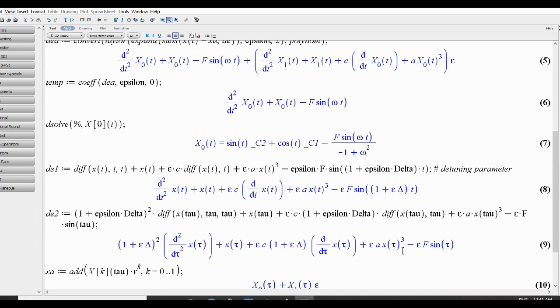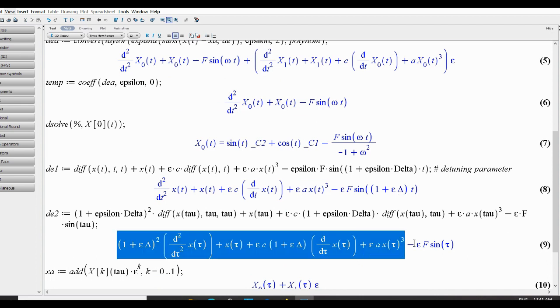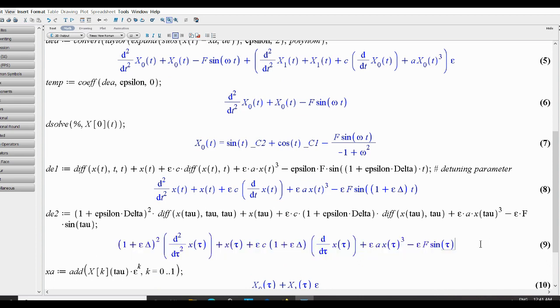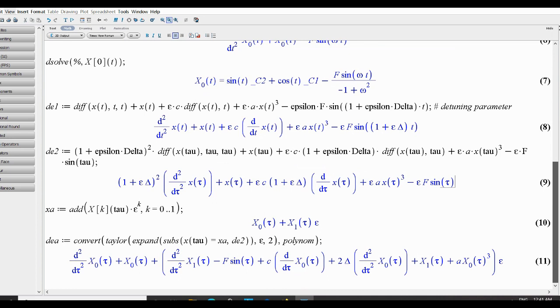Then I have stretched my time so that I have this equation here, but I am still looking for a periodic solution. In that periodic solution, over here, all I have is a sine tau plus b cosine tau. That's what I have. But I don't know yet. At order 1, I don't know what is a and what is b.